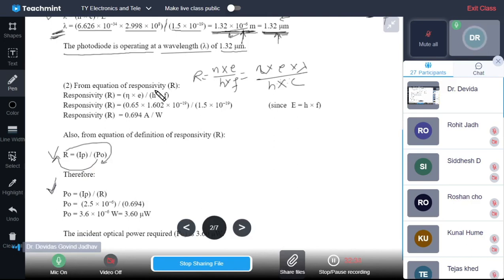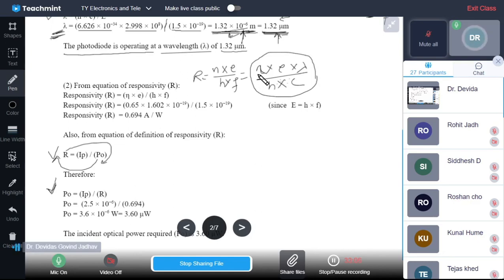H is Planck's constant, known. F is the frequency, which is not given. So eta is 0.65, E is 1.6 into 10 raised to minus 19, lambda we just calculated as 1.32 into 10 raised to minus 6 meter, H is Planck's constant, C is the velocity of light. So this equation you can use for calculating R.